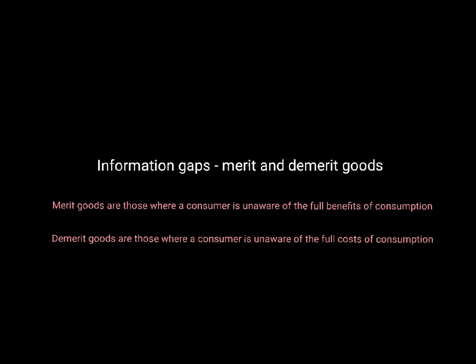Well, if we think about the costs, first of all, what costs might there be that the consumer is unaware of? Well, these fall into two categories, really. Some of them we have already thought about in a previous video. So if there are externalities, if we're talking about a demerit good, then we're talking about negative externalities.